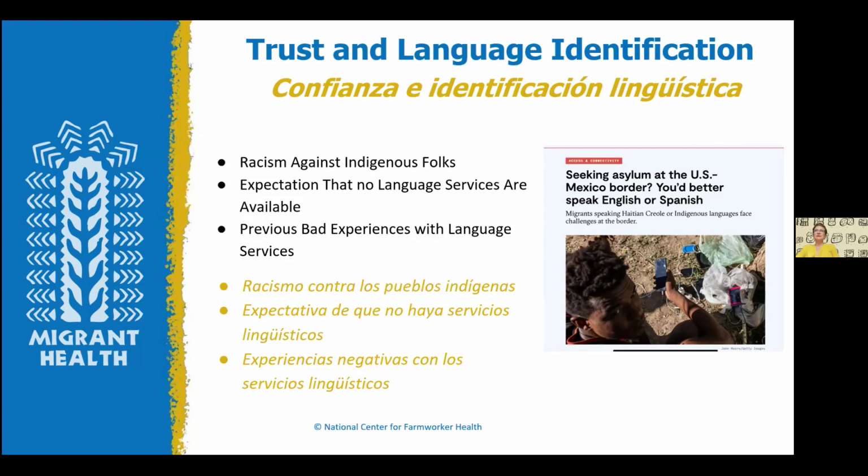It's well documented. So why would I want to tell you in a health clinic that I speak an Indigenous language when I can kind of get by in Spanish? But at a certain level of health difficulties, that won't work, and you really will need to know the Indigenous language of the person.